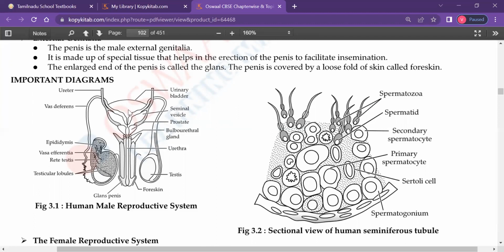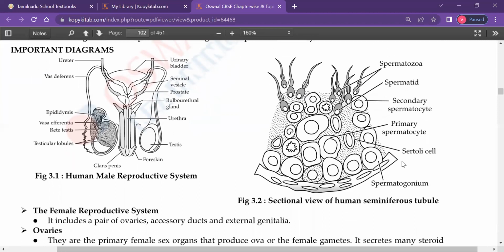Then it will be ready for ejaculation. When there is a sexual union, when the person is at maximum, it ejaculates, and the speed would be very, very high. Ejaculation will be done. All right. This is the male reproductive organ. See here, the sectional view of the seminiferous tubule.